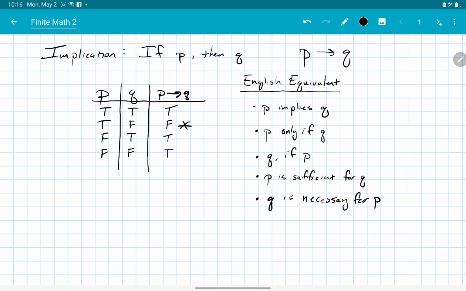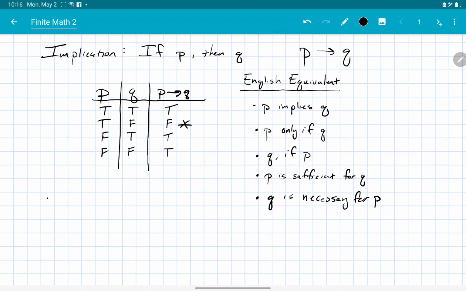Yeah, that makes sense. A number is even, it is necessary for it to be divisible by 4. It's not enough, but it definitely needs to be divisible by 2 if it is to be divisible by 4. Okay? And then there's something that we're not going to talk about just yet. Well, we will talk about it. Okay, so I'll postpone that to later. So those are a bunch of different English equivalent ways of saying if P, then Q.